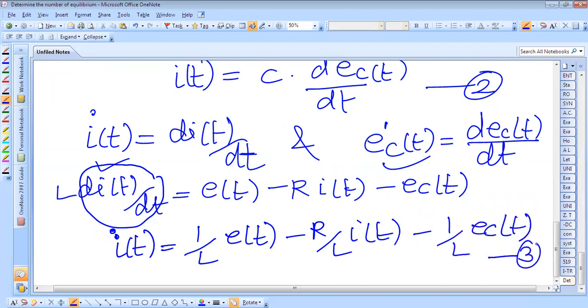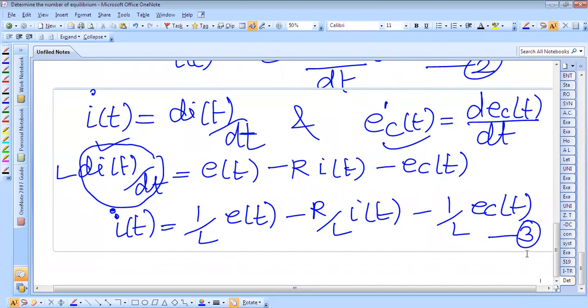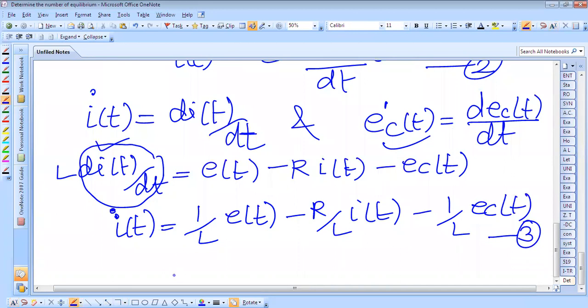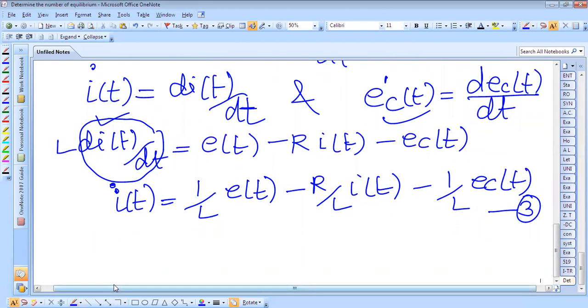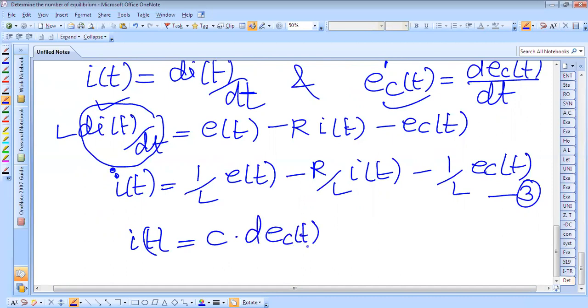This is equation number 3. For equation number 2, i(t) is equal to C into dec(t) by dt, so ec dash is equal to 1 by C i(t).